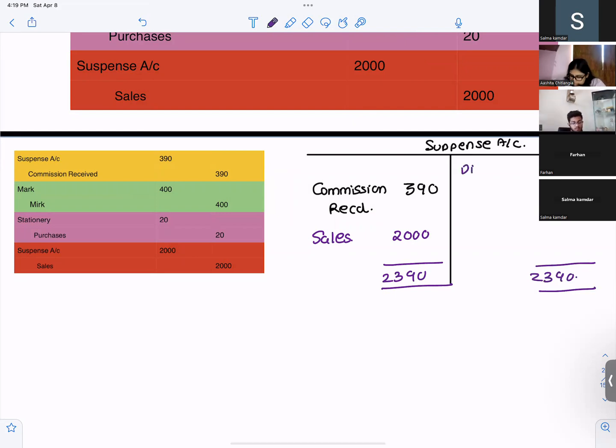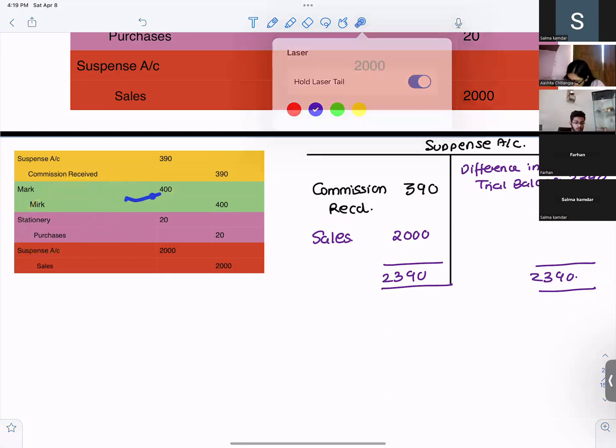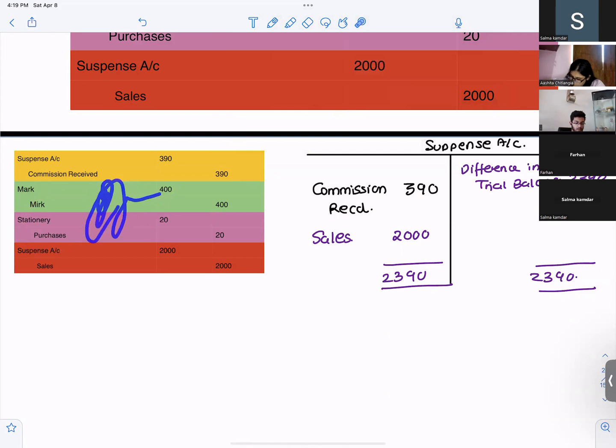And on the credit side, I will write difference in trial balance. Is there suspense over there? No, sorry. You will think from which point of view? Suspense point of view.